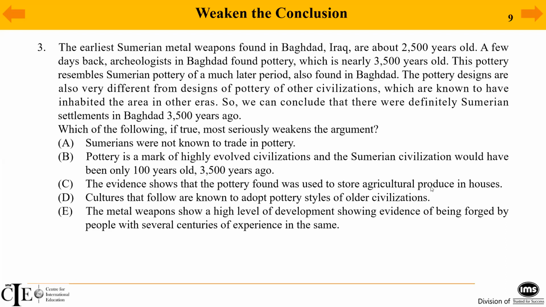Okay. So the pottery they found 3500 years ago resembles Sumerian pottery, which came maybe after 1000 years. Maybe let's say 2500 BC or something.